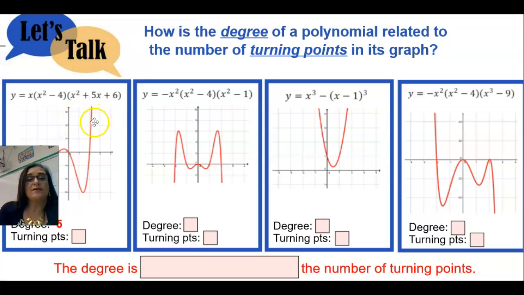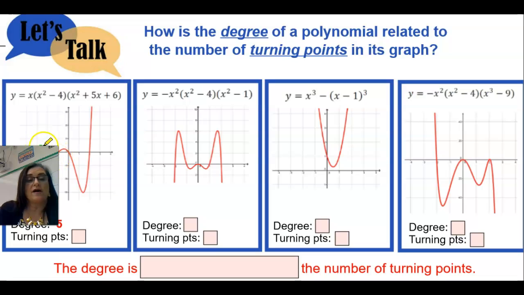Okay, now when I look at the number of turning points, they are marked by relative extrema. Remember, relative extrema are where the graph changes from increasing to decreasing, like here, that would be a relative max, or where the graph changes from decreasing to increasing, like this point here, that would be a relative min.